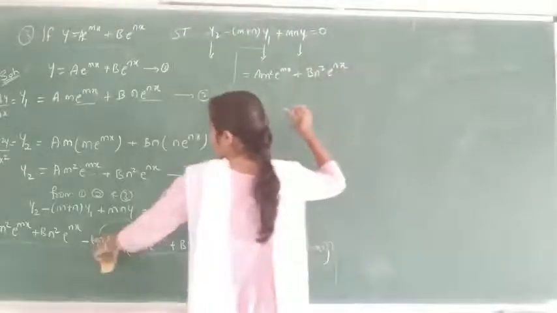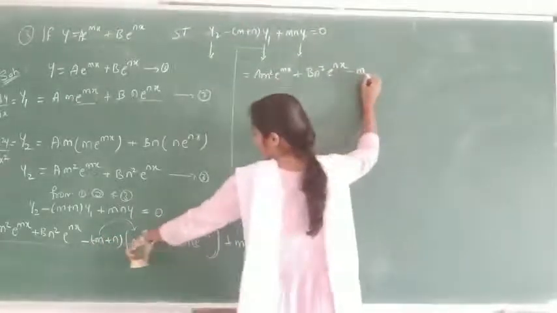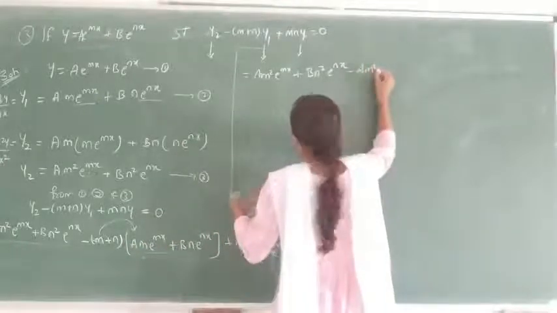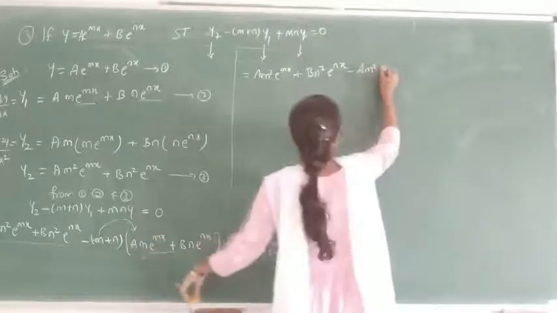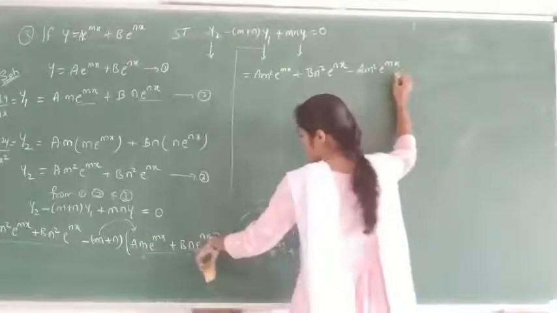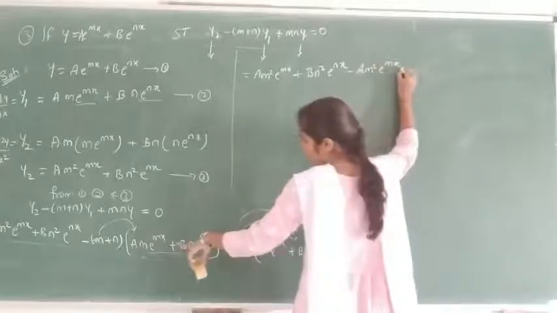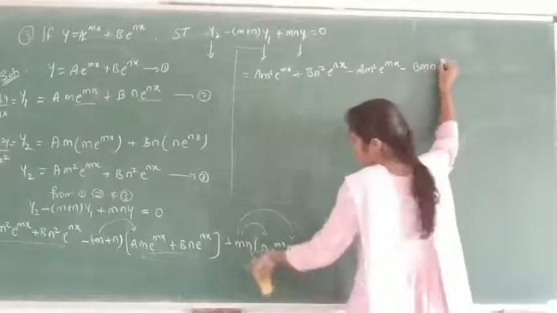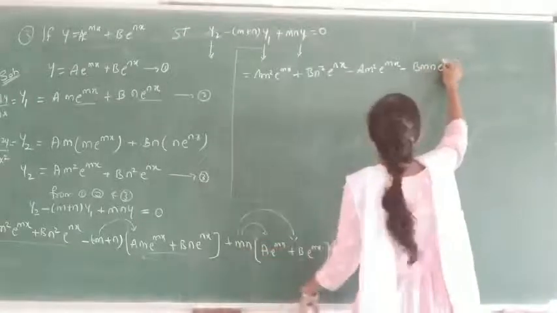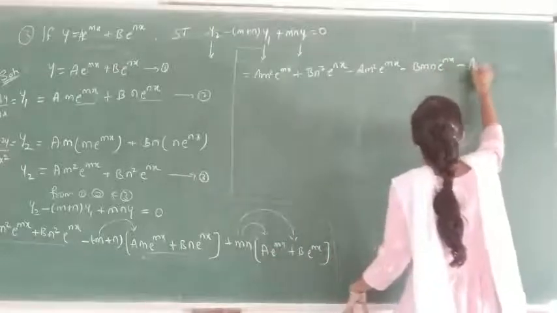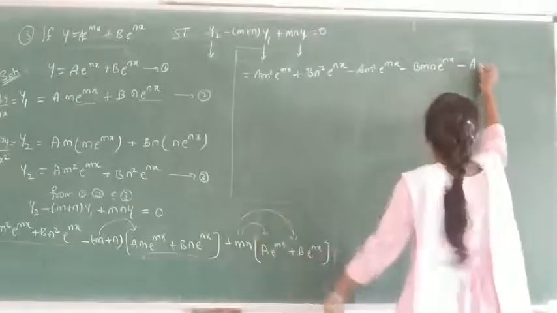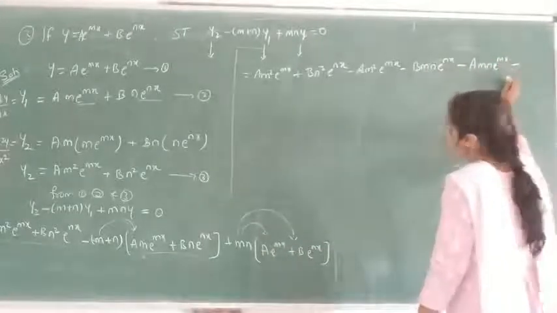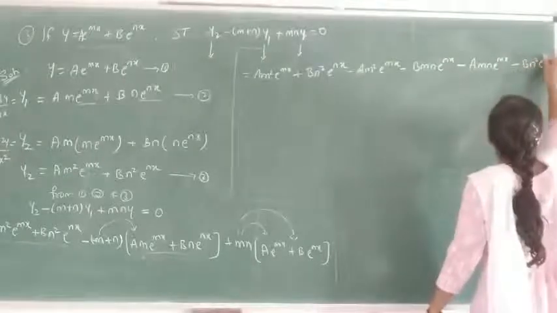So minus we have a m square into e to the power mx, minus b mn into e to the power nx. Then minus we have a mn into e to the power mx, minus b n square into e to the power nx.